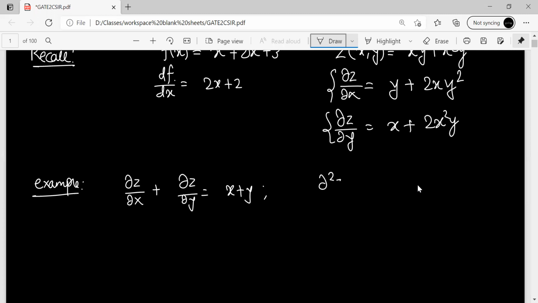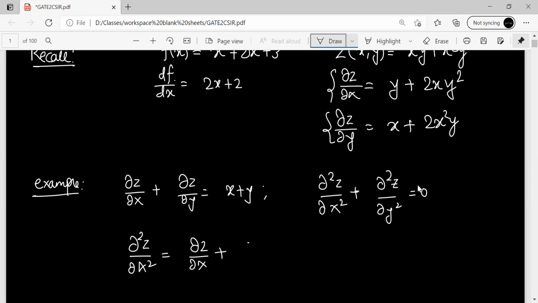I can have even this equation, del square z over del x square plus del square z over del y square equals 0. Of course, you have seen this in your calculus. I can have x square equals to anything you write down. This does not make any difference. Let me include this one even. So these equations are nothing but your partial differential equations.